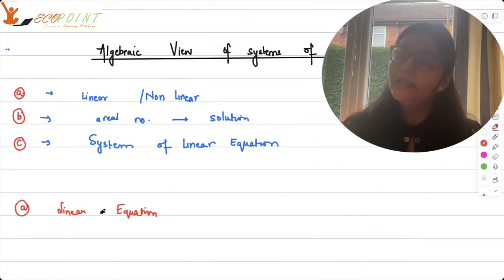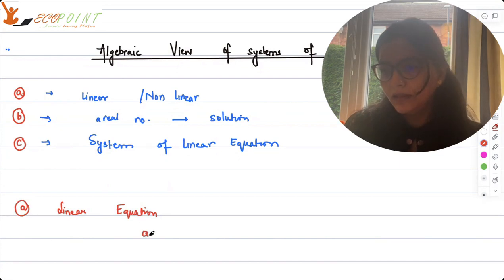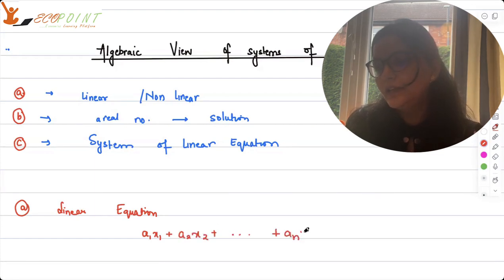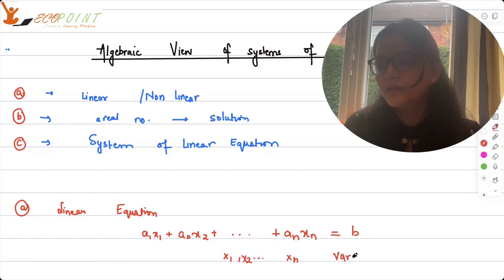So part A, linear equation. Any linear equation will look like the following: a1 x1 plus a2 x2, and so on till an xn is equal to b. What you will see here is that you have n variables x1, x2 till xn. These are your variables.